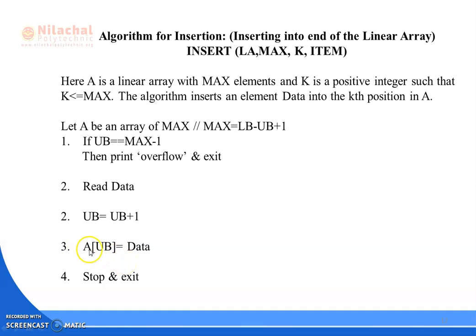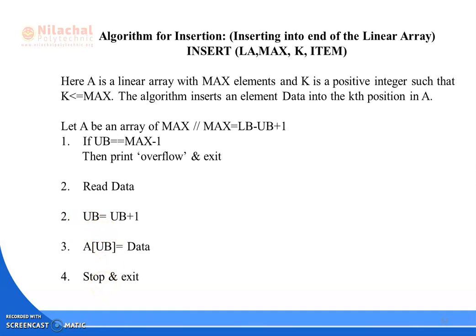So A of the new upper bound, in which there was no data element, will take the data we have read. Now we have already inserted the data and increased the upper bound by 1, so our work is done.